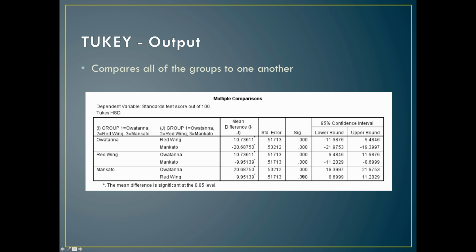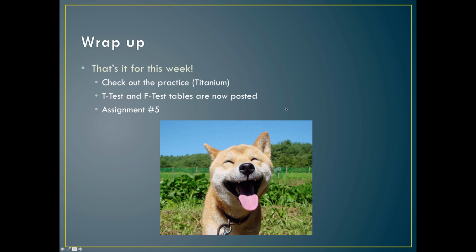And since your significance level here is 0.00, that means there are significant differences between all three cities, not just two of them. That means Owatonna is very different from Red Wing, and Mankato is very different from Red Wing, and Mankato is very different from Owatonna. So this is how you read the multiple comparisons table.